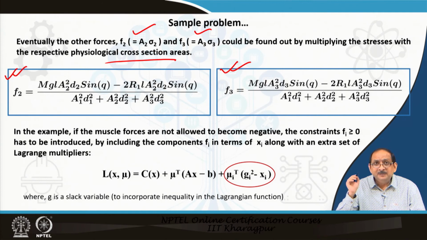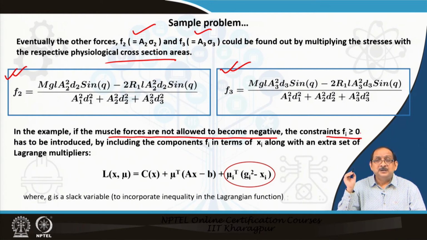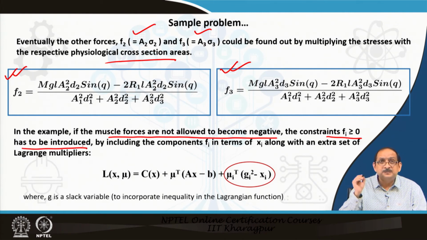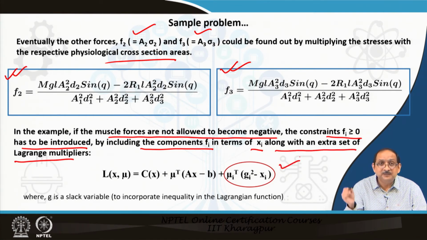Now, in the example, if the muscle forces are not allowed to become negative, which is an important condition, the constraints Fi greater than or equal to 0 have to be introduced by including the components Fi in terms of xi along with an extra set of Lagrange multipliers, which is indicated in the equation presented in the slide.